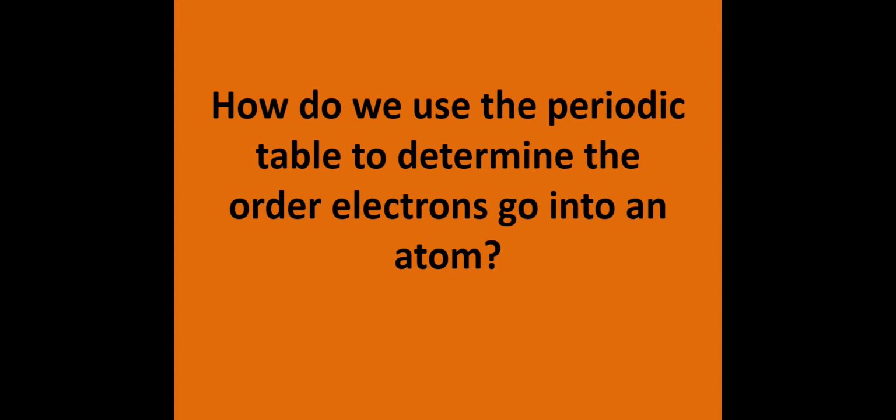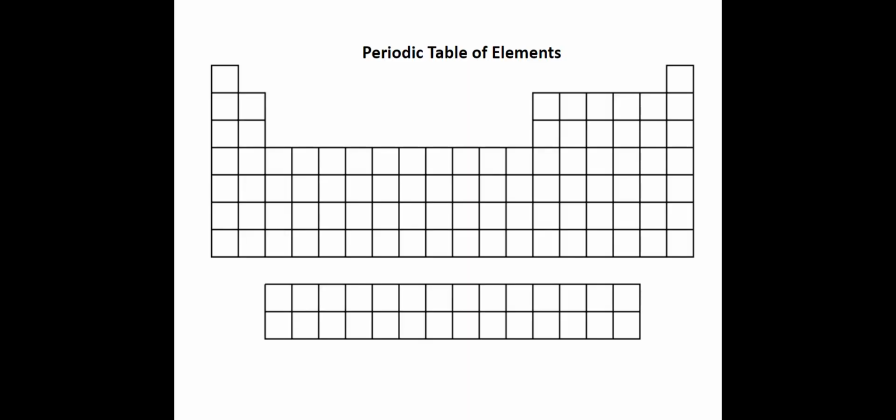Your task is to become masters at expressing the order in which the subshells are filled with electrons. Oh my goodness. Here's a blank periodic table. The general order is to fill the subshells from left to right in order of increasing energy level.